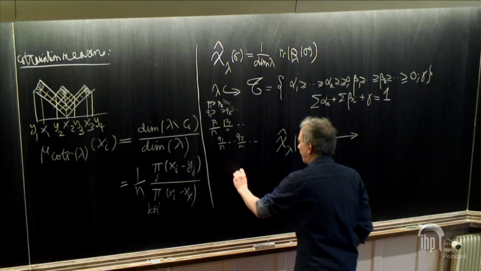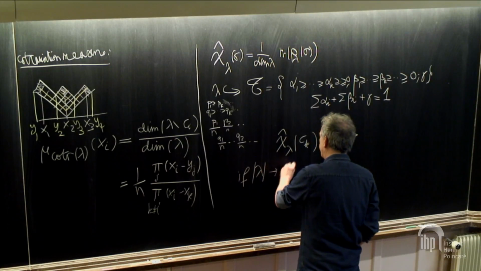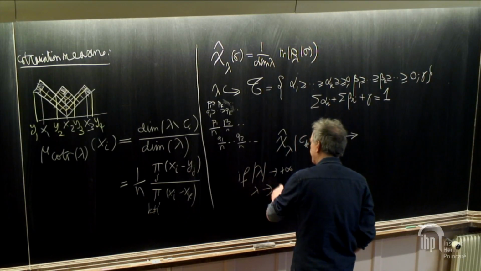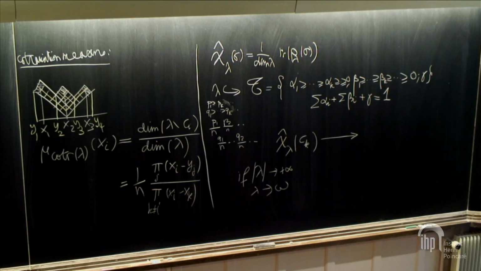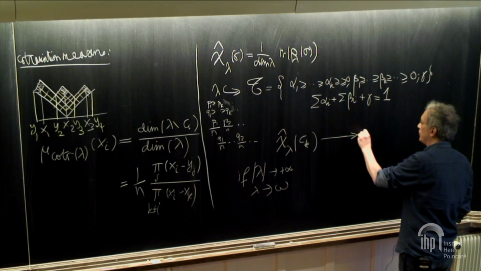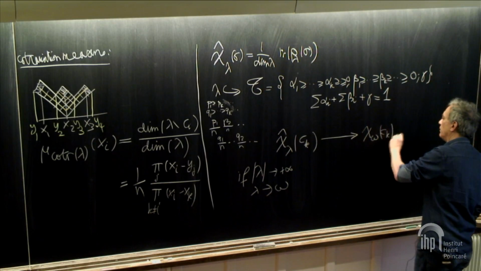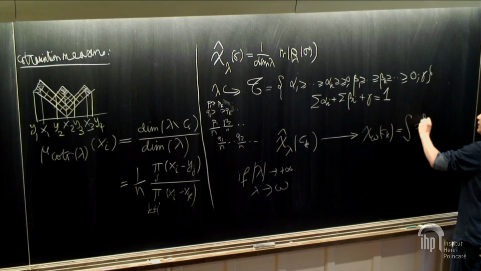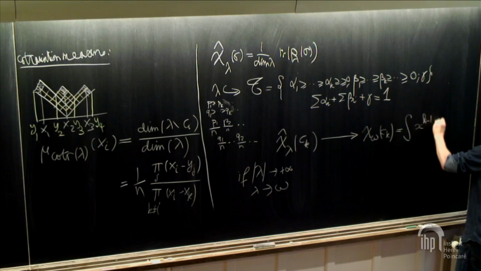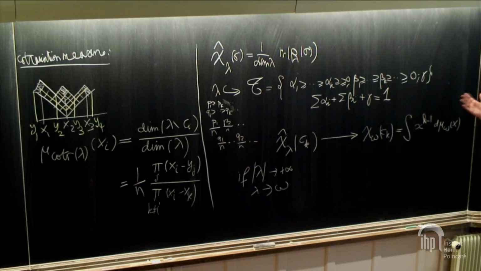If the size of lambda goes to infinity and lambda converges to some double sequence omega, then this converges to chi omega of c_k, which is the integral of x to the k minus 1 d mu omega of x. So mu omega is a certain measure which is associated to the point in the Thoma simplex.